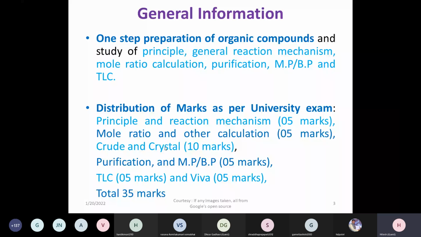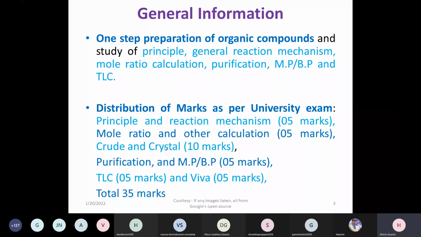With the help of thin layer chromatography, we can check the progress of the reaction. But TLC is not for confirmation of the product. During any synthesis, whether the reaction is in the forward direction, initiated or not, or intermediates form or not, we can confirm by TLC.